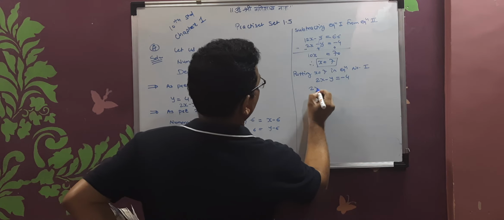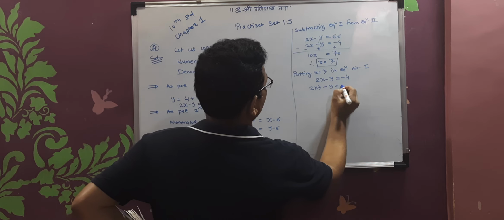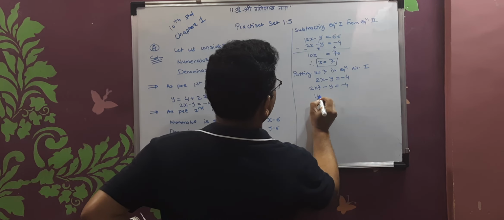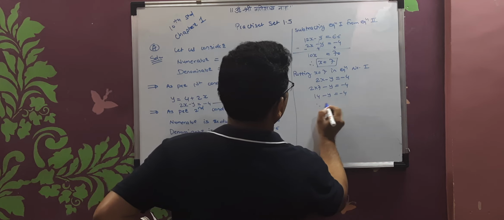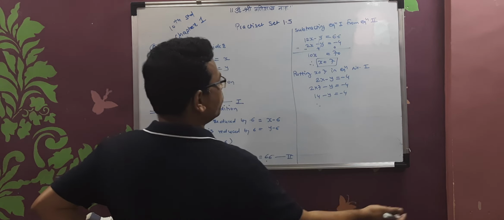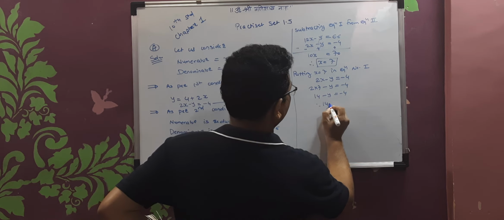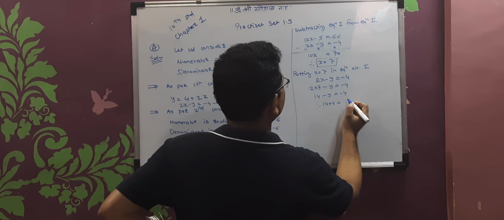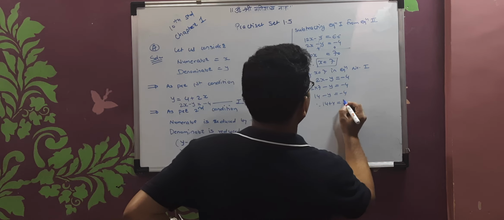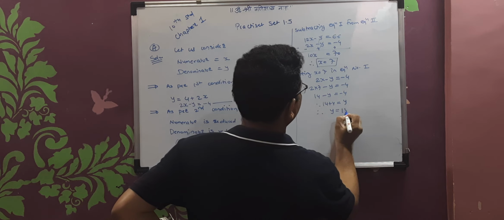So it will become 2 into 7 minus y is equal to minus 4. So 7 2s are 14 minus y is equal to minus 4. We will move y to the right-hand side, and I will bring 4 to the left-hand side. So it will become 4 and this will become y. So y is equal to 18.